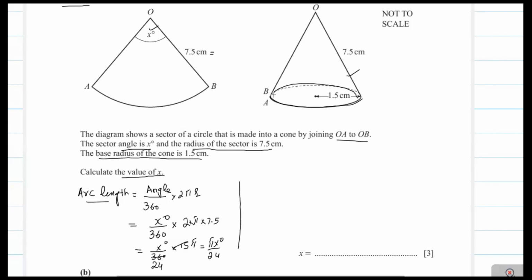The arc length of the sector equals the circumference of the base of the cone, because when we cut the cone along the slant length, the shape of the cone becomes this sector, and this circumference will be the arc length. Therefore, the circumference of the base of the cone is 2 pi r, where r is 1.5, so it is 3 pi.